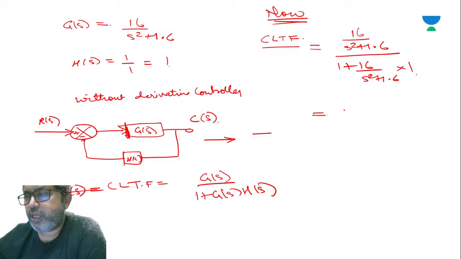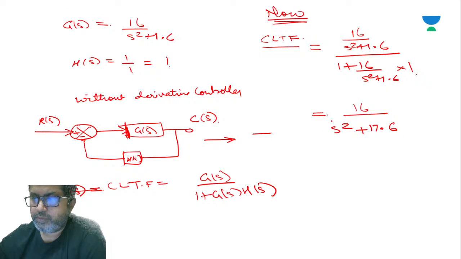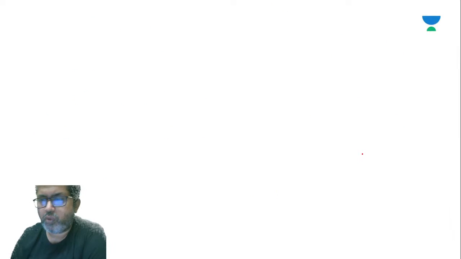That is equal to 16 upon S square plus 17.6. This is the closed loop transfer function without derivative controller.